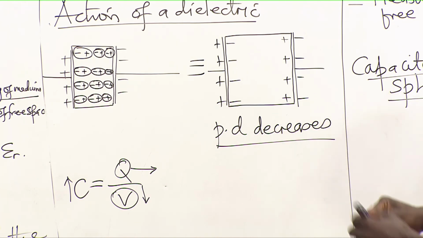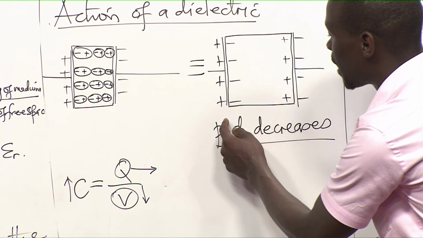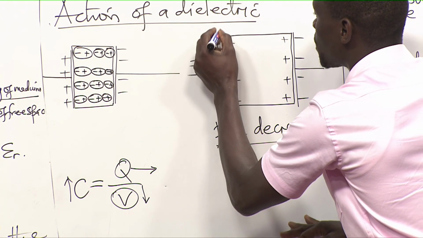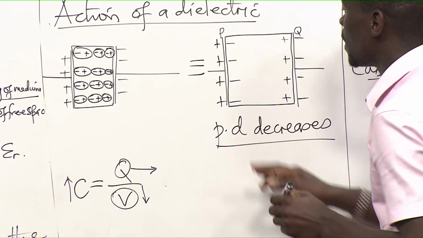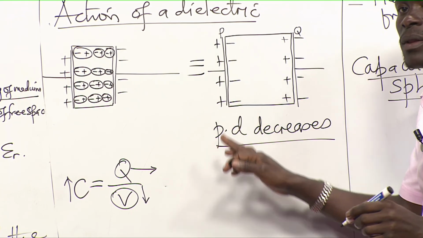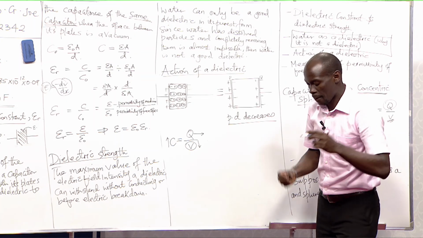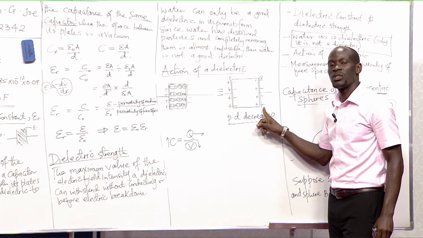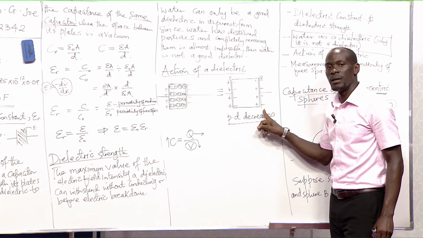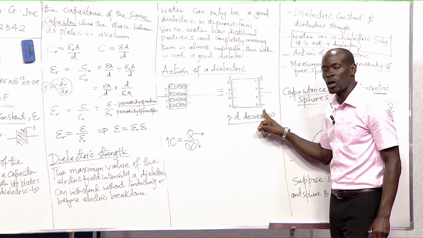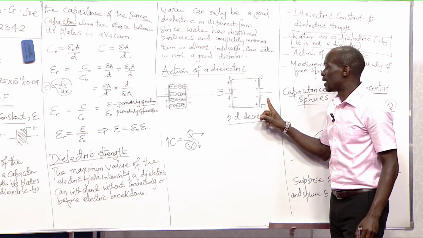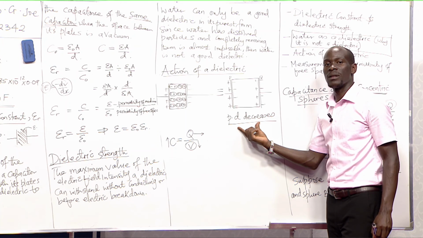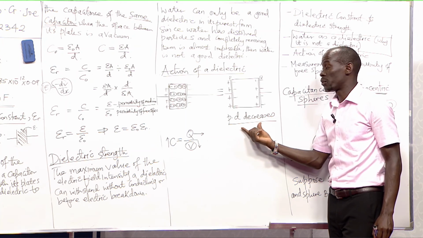And therefore, we further said that the positive potential on this plate, suppose I call this plate P and I call this plate Q, the positive potential on plate P will therefore be reduced. And similarly, the negative potential on plate Q will be reduced further, or made more negative. And therefore, the potential difference between the capacitor plates will decrease.